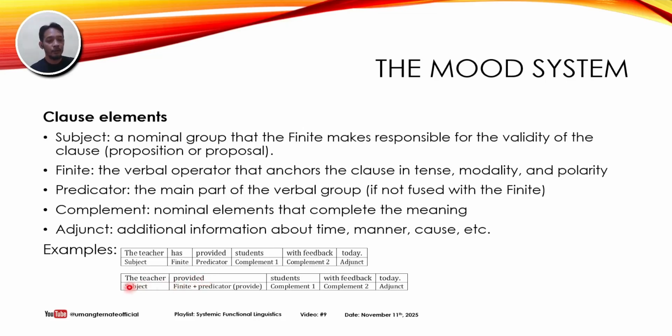Okay, the teacher is still the subject, and the word provided here is both the finite and the predicator, and the rest of the clause is just the same as the previous one. So after this, I hope that you have understood the clause elements, especially when we work with the mood system.